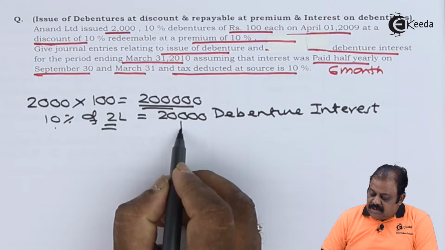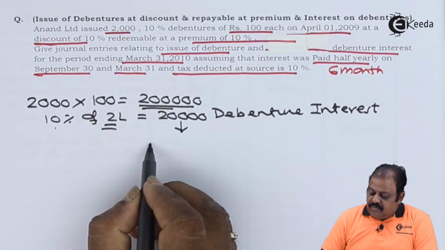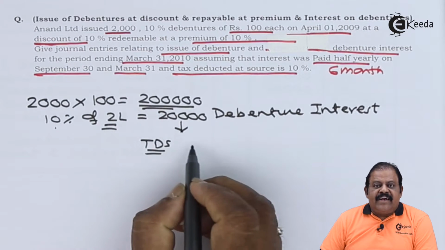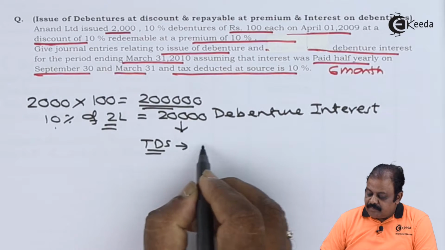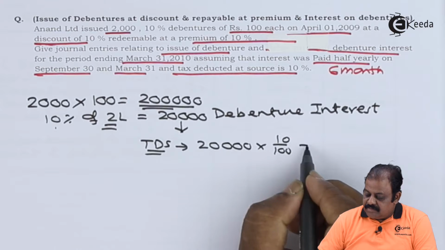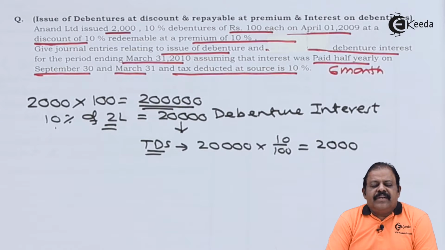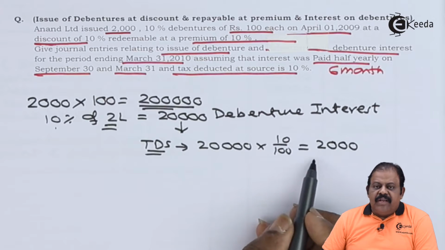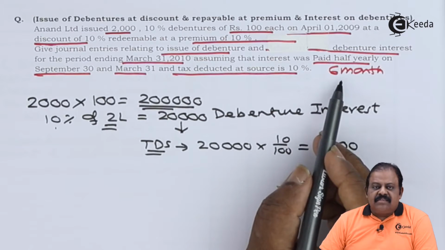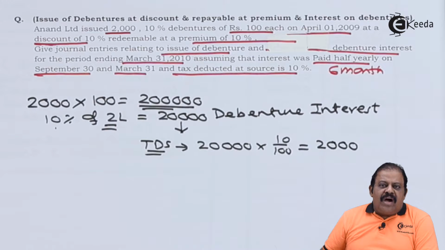On this 20,000, we are required to consider TDS, tax deducted at source, 10%. So it comes to rupees 2,000. This is for full year. If it is half yearly basis, it will be reduced to half.